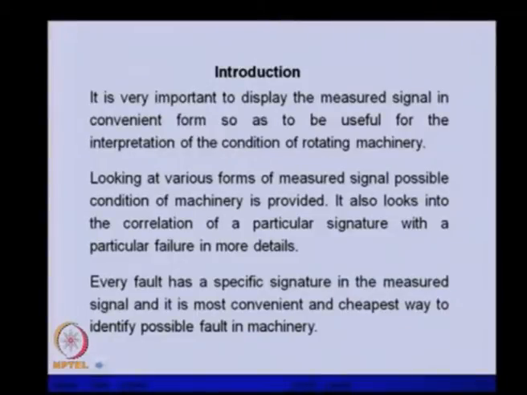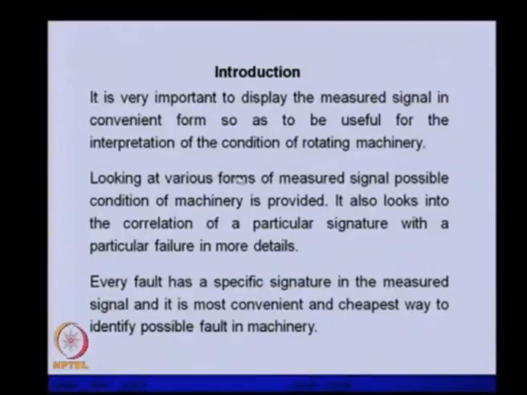So, we will start the introduction to this particular topic. It is very important to display the measured signal in a convenient form, so as to be useful for the interpretation of the condition of the rotating machinery. As we go deeper into the lecture, we will find how these signals can give the condition of rotating machinery.